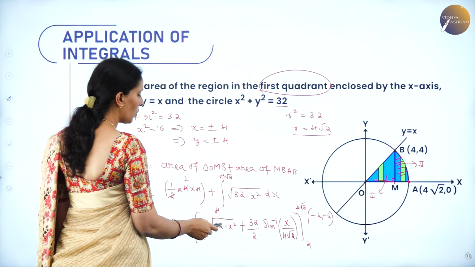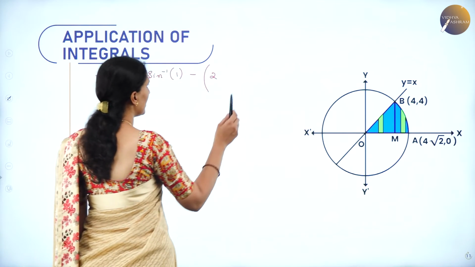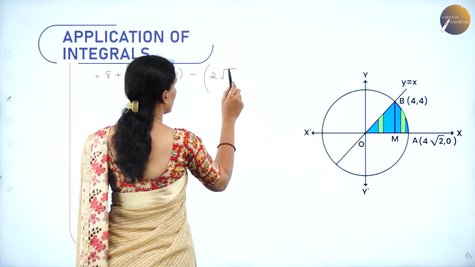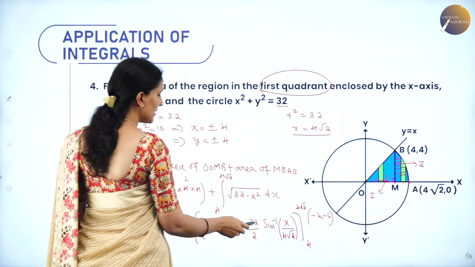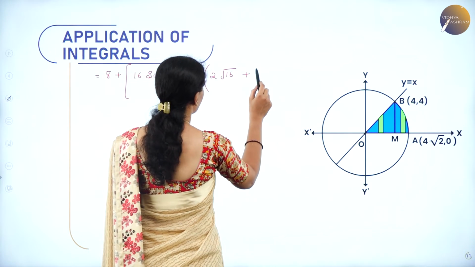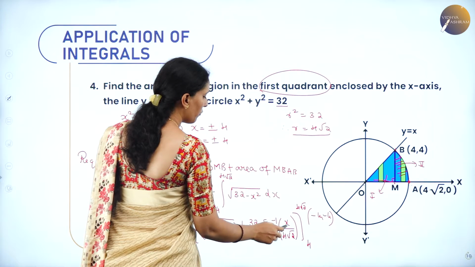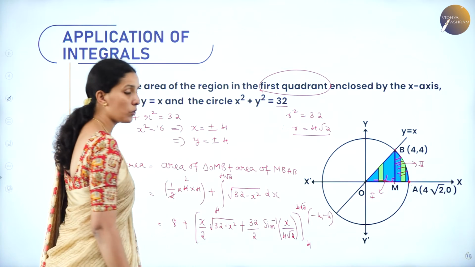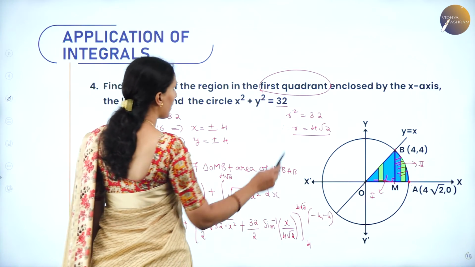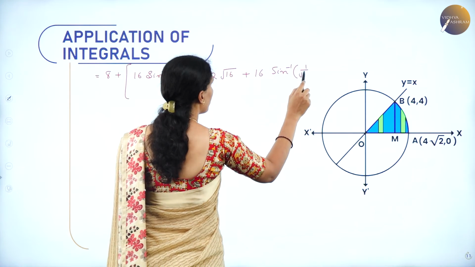Next is root 32 minus 16. 32 minus 16 is again 16, which is root 16. Plus 32 by 2 is again 16. And here if you put 4, 4 get cancelled, it is 1 by root 2 whose value is pi by 4, or we can write it as sine inverse of 1 by root 2.